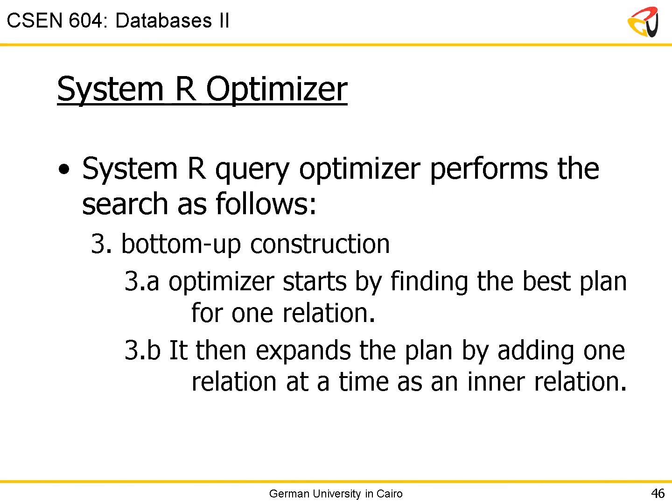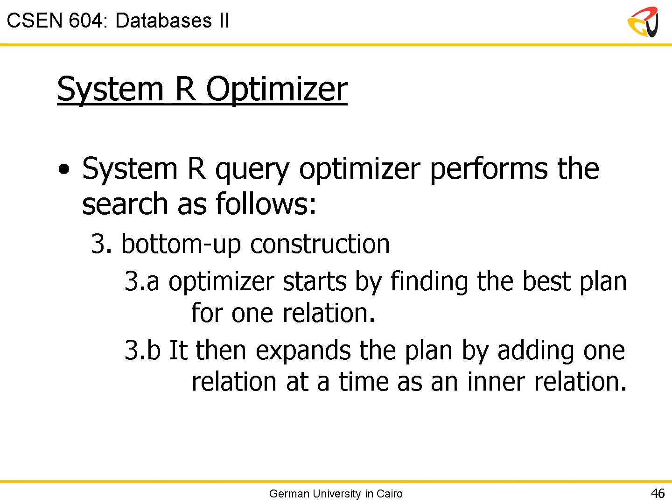The third, and this is really the most complex part of System R, that I'm just going to give you a hint towards how it works, is something called bottom-up construction of plans. Let me read the two points and then we will discuss it. It says the optimizer starts by finding the best plan for one relation.